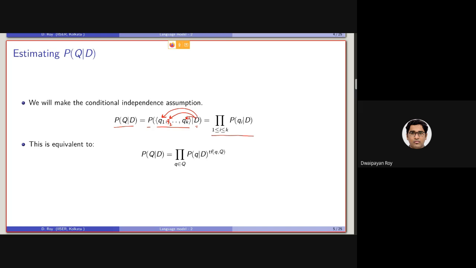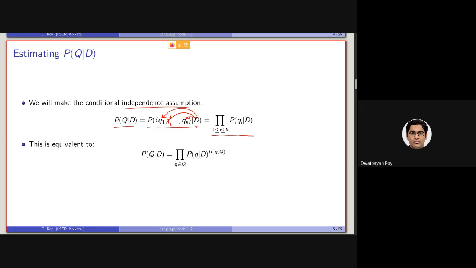So all these term generation probabilities are multiplied, and we are doing this product based on this independence assumption. That is, no two query terms are being considered as occurring simultaneously or occurring together.